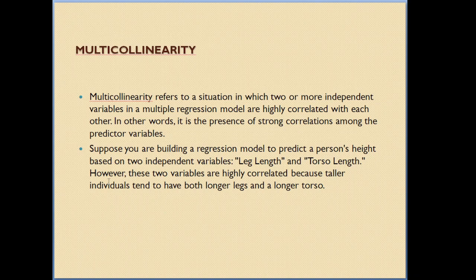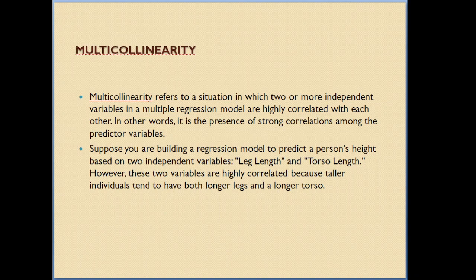So you can see that there are two independent variables, leg length and torso length, but they could be highly correlated because there are other factors which correlate them. As it has been said, taller individuals tend to have both longer legs and a longer torso. So you have seen here that there is a presence of strong correlation.